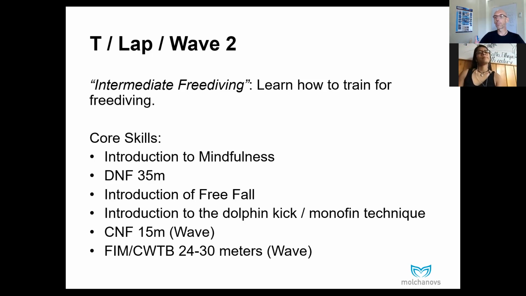Skills requirements are between 24 and 30 meter max. I already mentioned for the lab 1, of course, the big topic is the breathing, and for the lab 2 or the level 2, it's frenzel equalization.